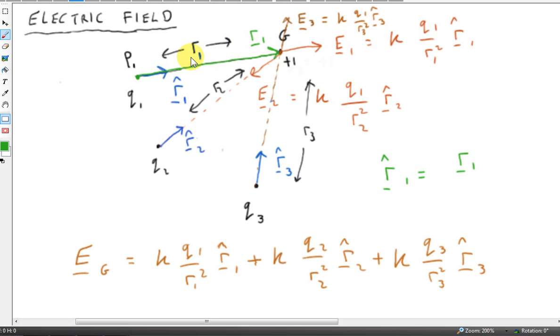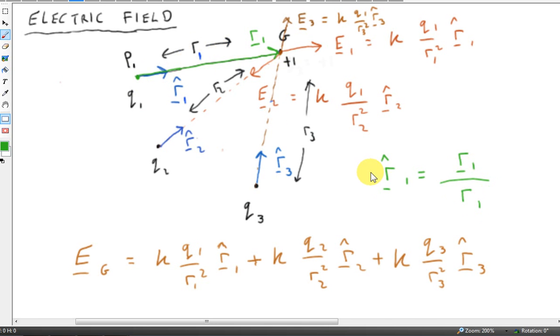Its magnitude is just R1 without the underline. And what do we do with that vector? Well, we divide by its magnitude. We could show its magnitude like that, or we could just show R1 without the underline. So this is just a definition of a unit vector.